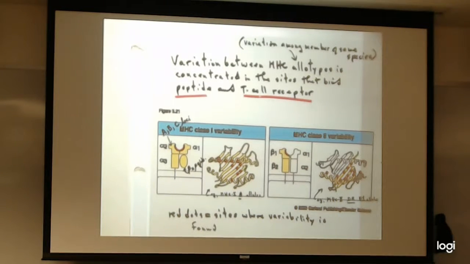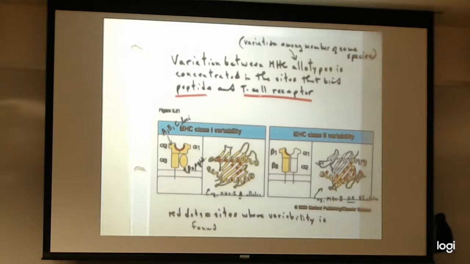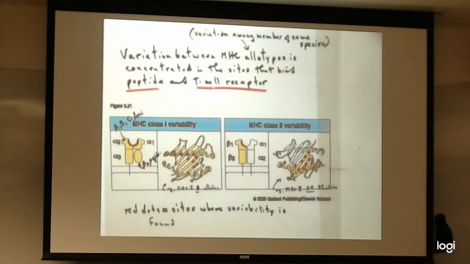So these mutations affect the different peptide sequences that can be presented or not. And here are the mutations found in the B protein of the class 2 molecule. You can see where they all cluster there. No surprise there.